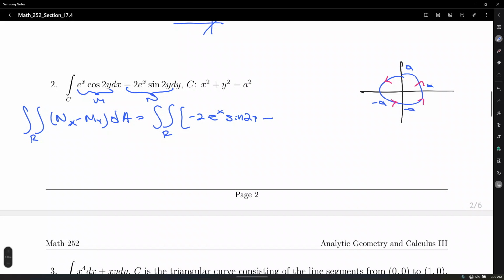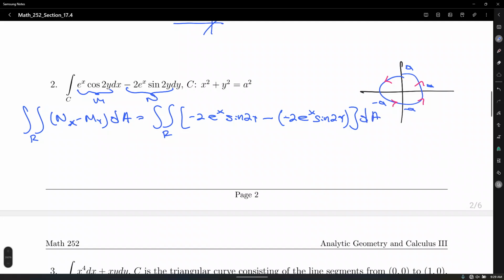Then minus the partial derivative of M with respect to y. The derivative of cosine gives that negative sign, times negative 2e to the x sine 2y by the chain rule also. And let me call this simply dA. I'm not going to iterate yet.